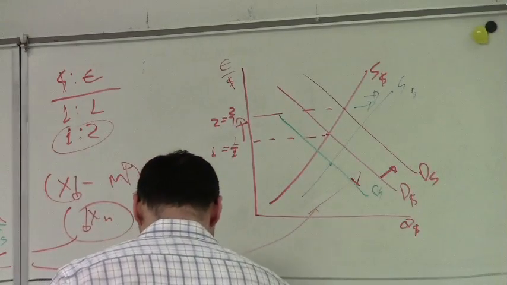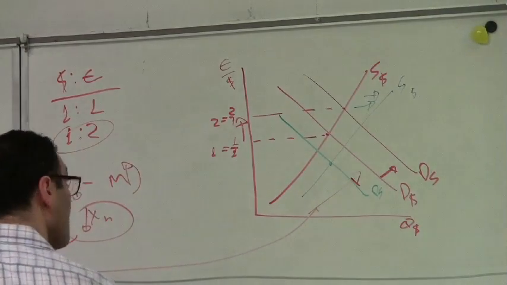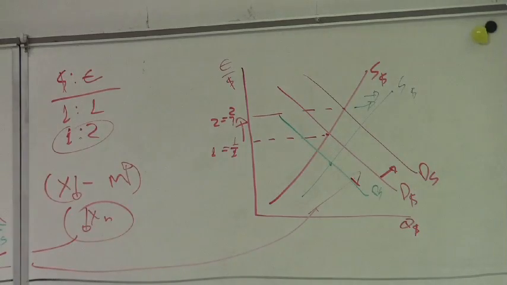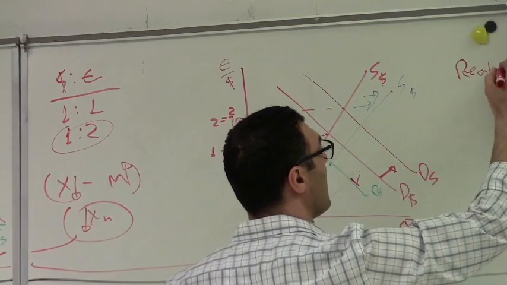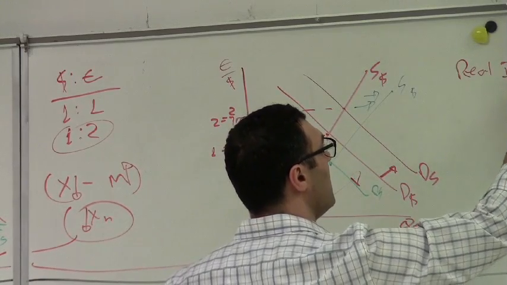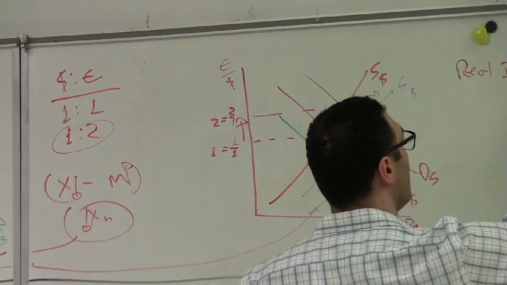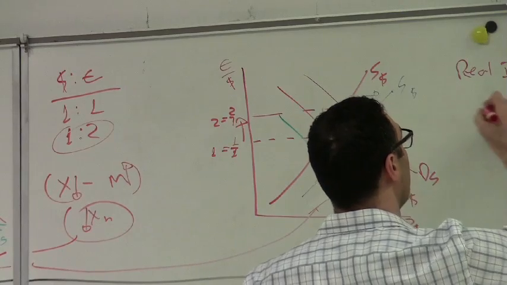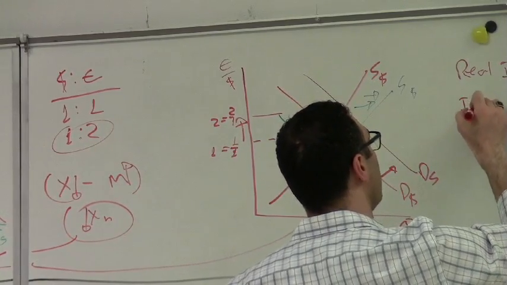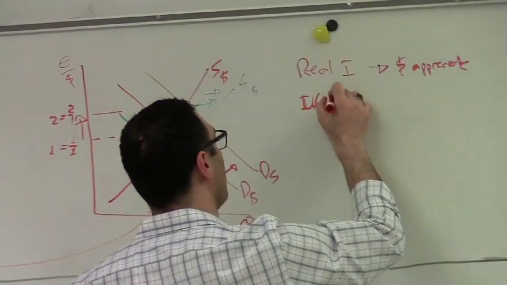Because we have three different impacts in here. One is the real interest rate. The interest rate changes, and this causes the dollar to appreciate. Then income changes, U.S. income.